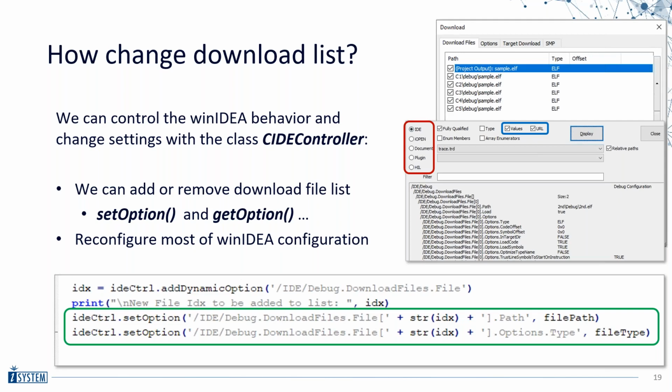For instance, here we can access this list and change the list of download files, even if we don't have an API that directly takes care of this. Just write, we always have great support. You can always ask the question of how to do this with scripting, and we will help you.